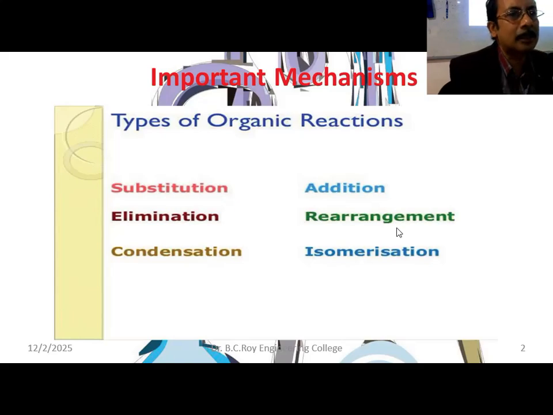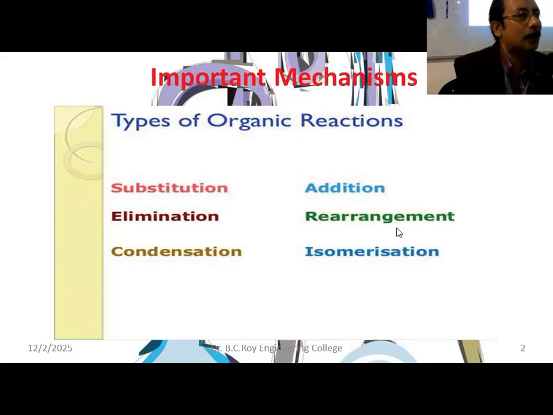Then rearrangement. The molecular structure is getting reoriented itself. The structure is getting changed internally. That is rearrangement. Then isomerization. One isomer is getting converted to another isomer. That is called isomerization. What is the difference between rearrangement and isomerization?